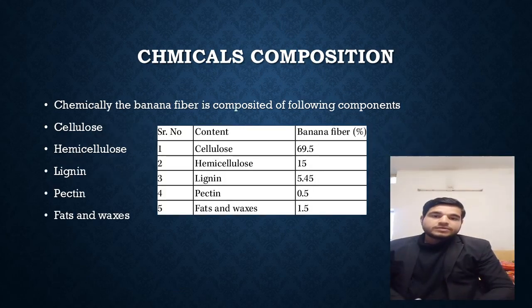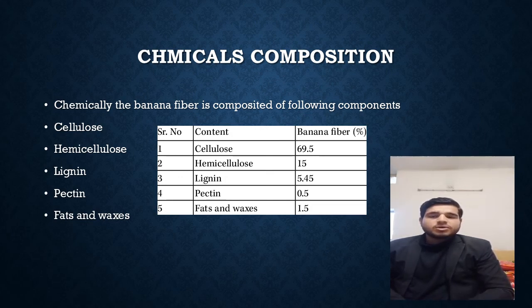In this slide, I will tell you about the chemical composition of the banana fiber. Chemically, the banana fiber is composed of the following components. Number 1, cellulose. Number 2, hemicellulose. Number 3, lignin. Number 4, pectin. Number 5, fats and waxes. Now these components have different percentages in the structure of the banana fiber.